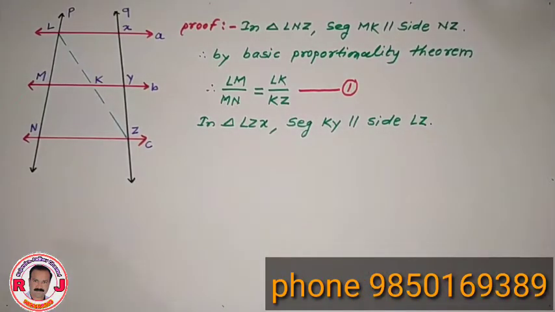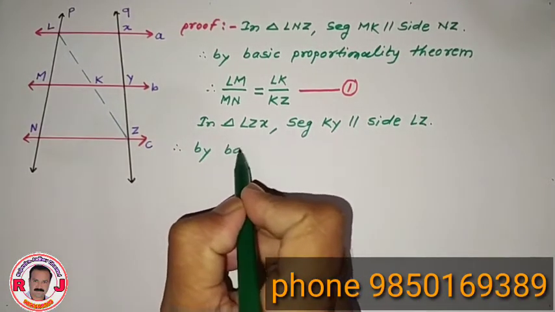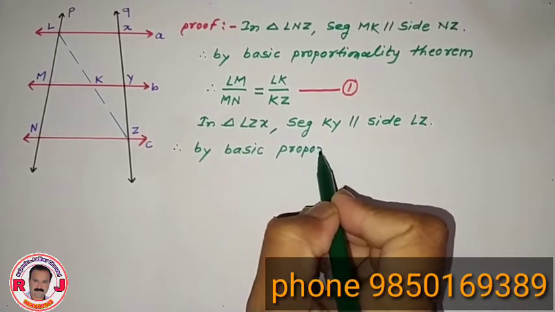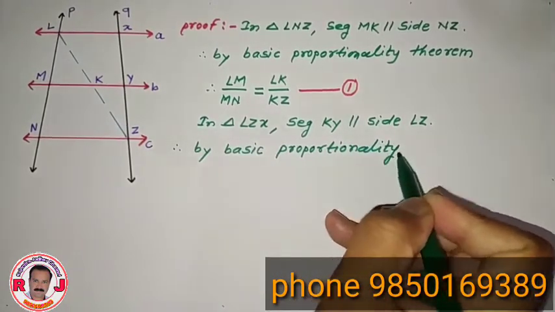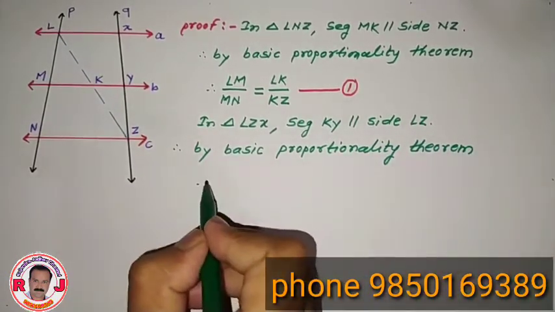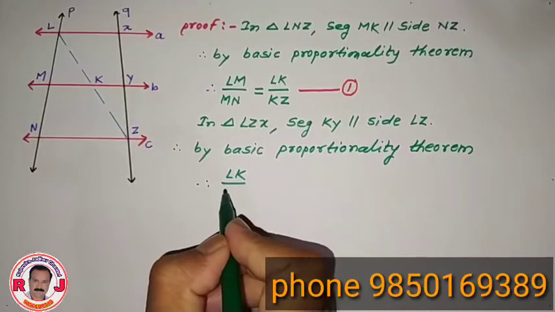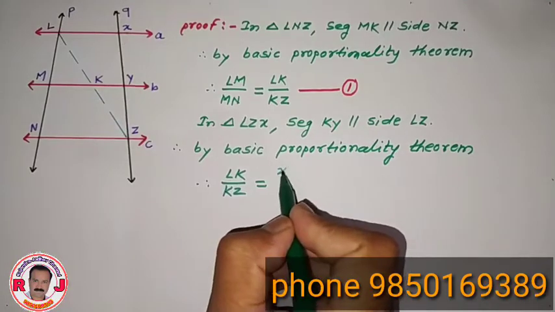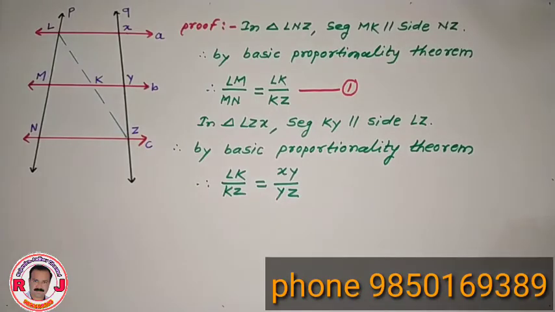Here, using the basic proportionality theorem, LK upon KZ is equal to XY upon YZ. This is the second statement.